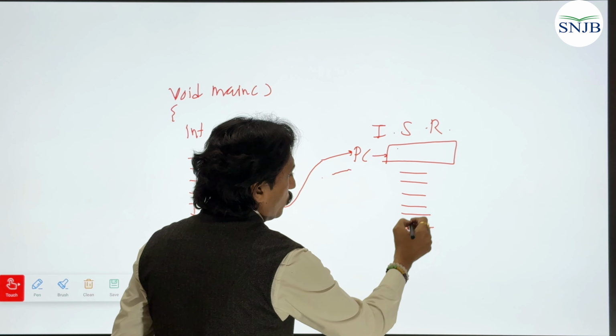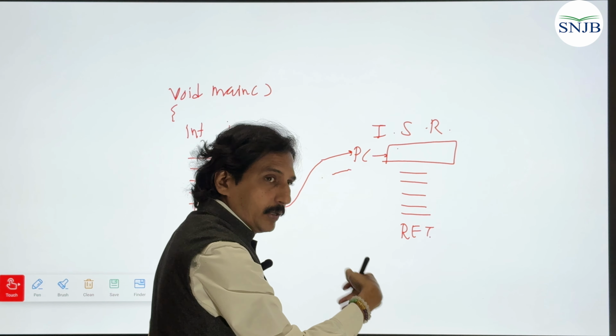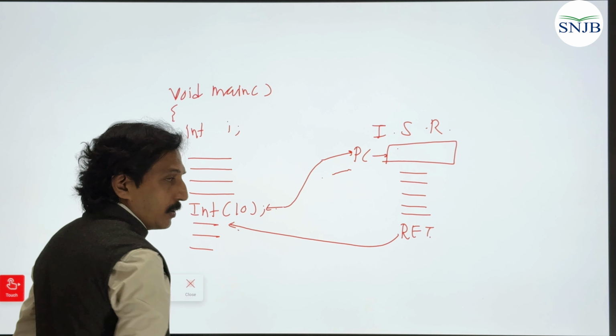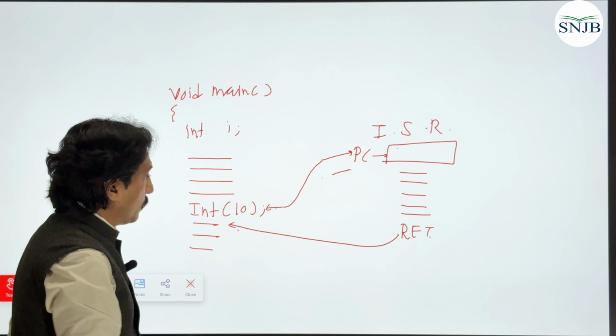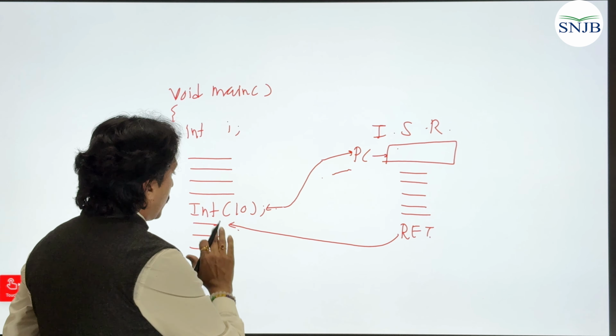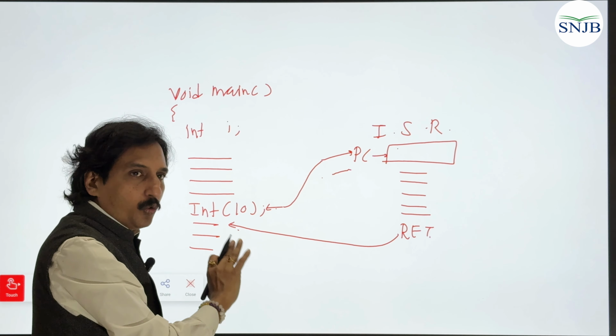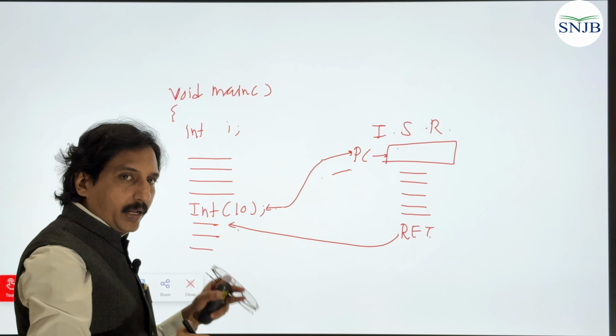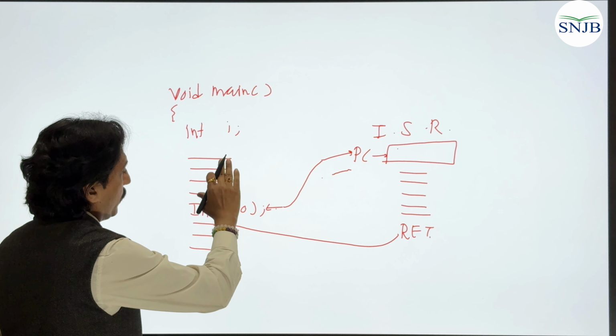When it executes the return from the interrupt, it again goes to the instruction which is just next to the interrupt instruction. So this way our interrupt service routine is addressed by the operating system. So this is our main program.